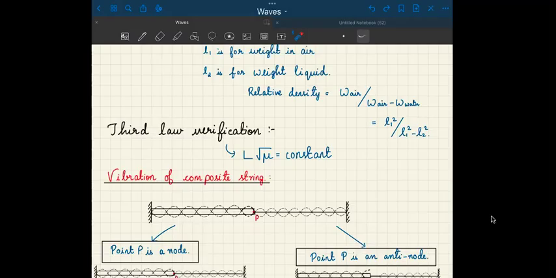For brass wire, what is the resonating length? For steel wire, what is the resonating length? For aluminum wire, what is the resonating length? So for three different wires, I'll measure resonating lengths. Then I'll prove that L1 root mu1 is equal to L2 root mu2 is equal to L3 root mu3. If I have done that, the third law is verified. Okay, that's all.